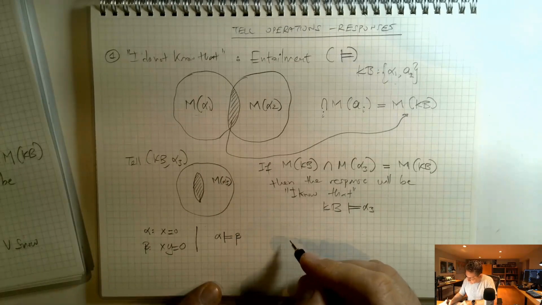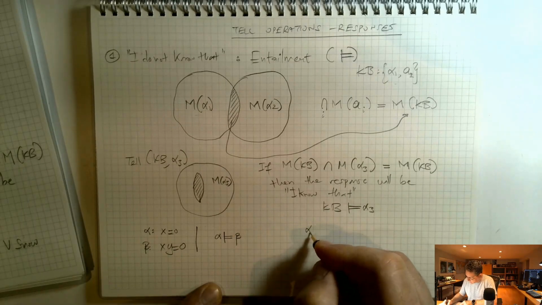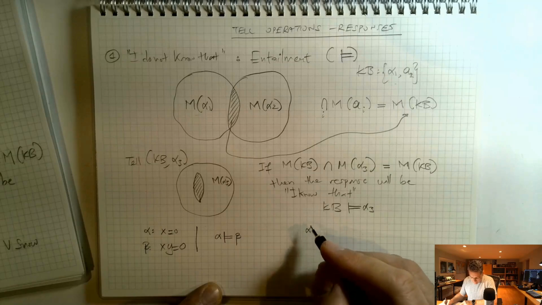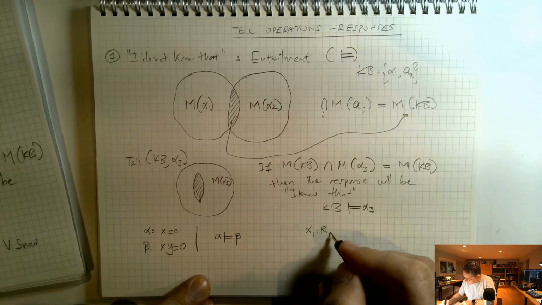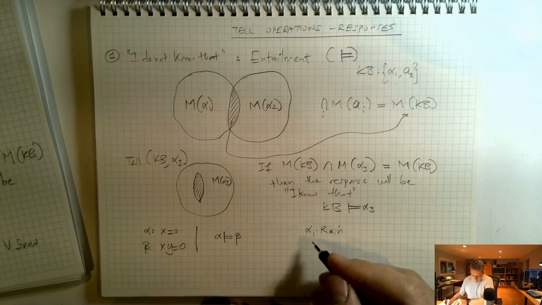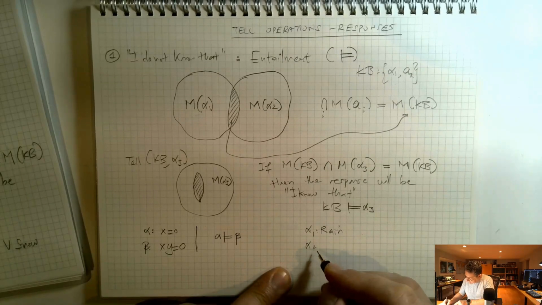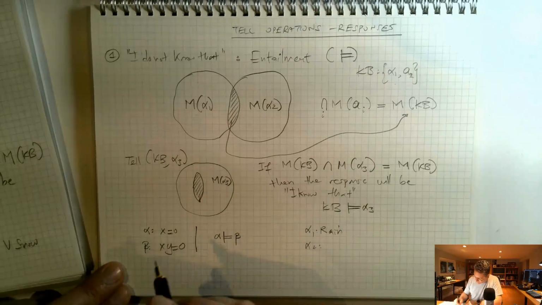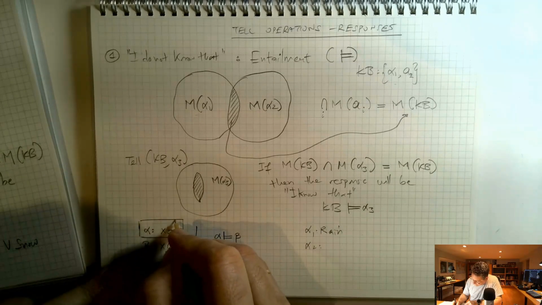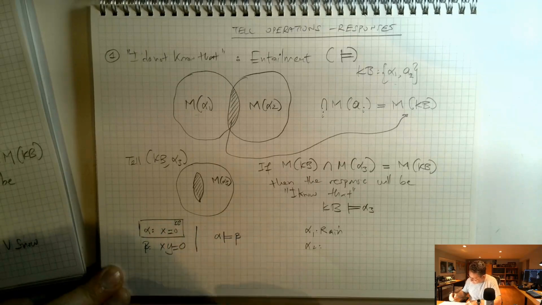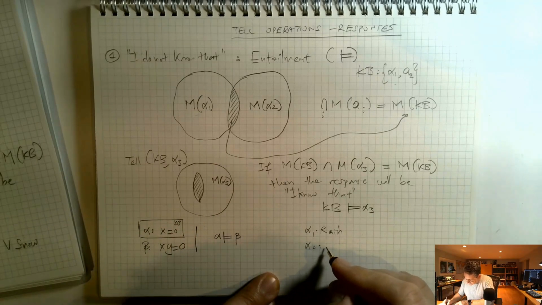The other example we have here is that, let's say we have a sentence A1, which is rain, R for rain. And we have another sentence in the knowledge base. So let me write it down here, as this is the knowledge base at this moment, and this is snow.